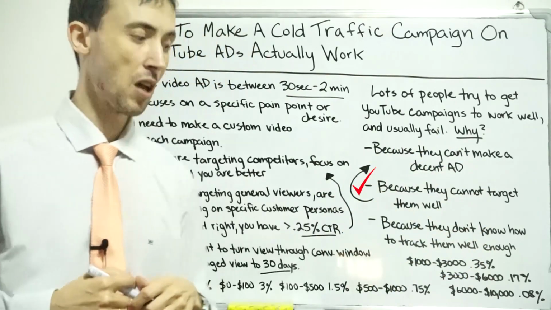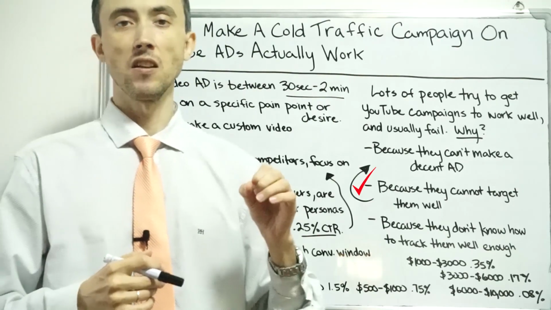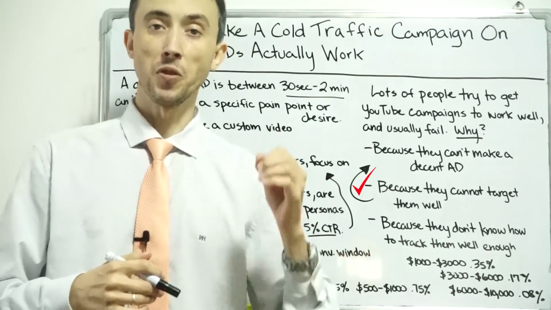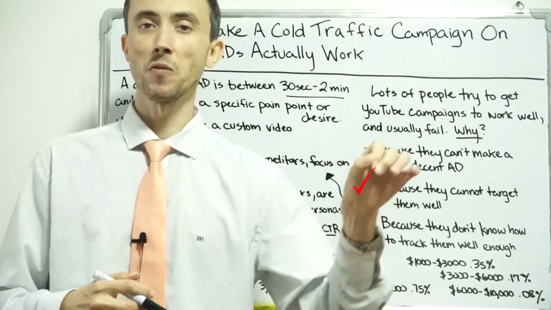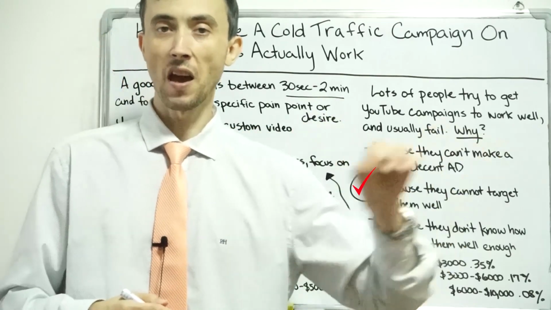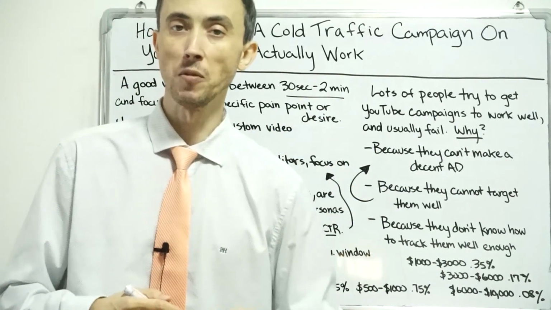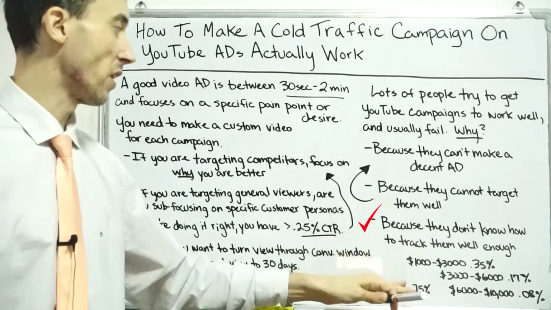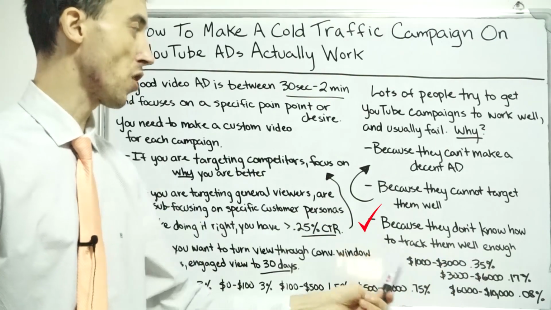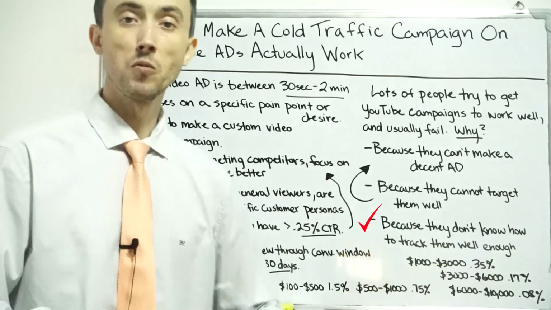Those are the types of advantages you can give yourself with specific targeting, so that the money you spend to show up for somebody is well spent every time, and that's how you win at this. But anyway, the third reason people don't get their ads to work is that they don't know how to track their results very well.